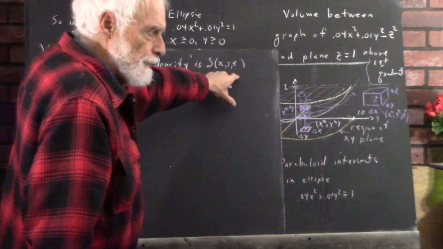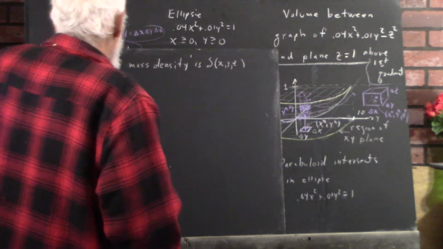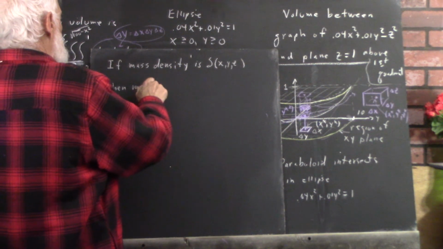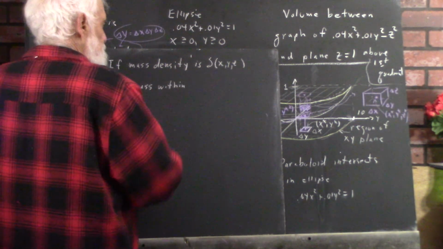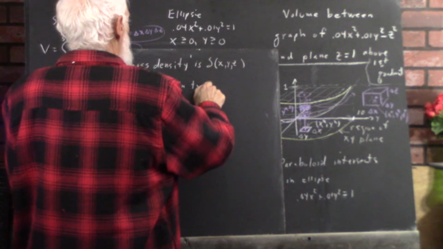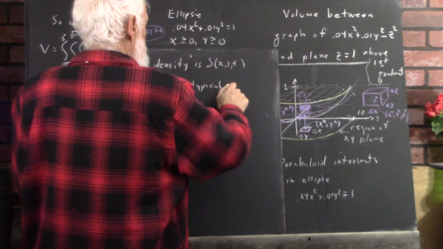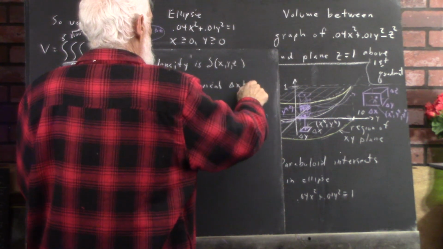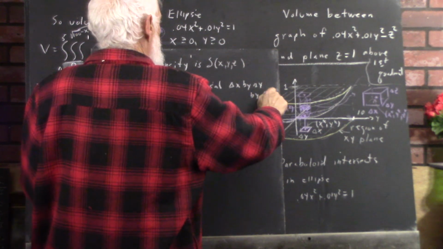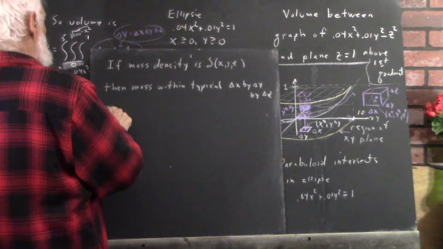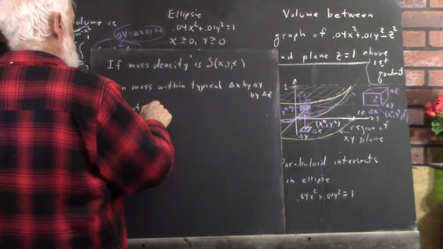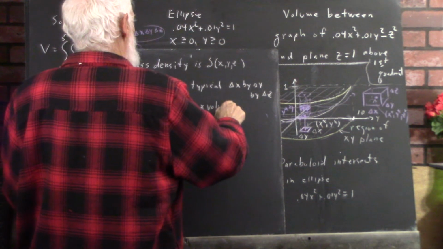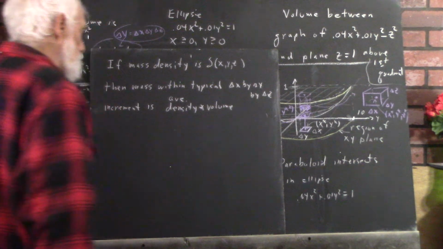If we have a mass density, delta of x, y, z, that's a lowercase delta, often used for mass density but often used for other things as well, then the mass within a typical delta x by delta y by delta z increment is, I'll say, the average density times the volume.